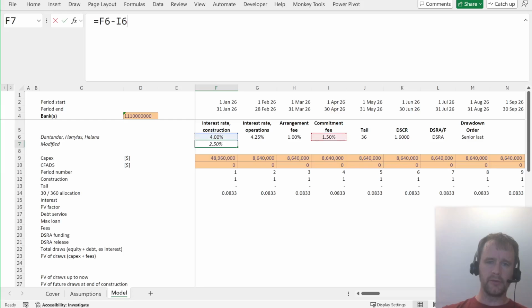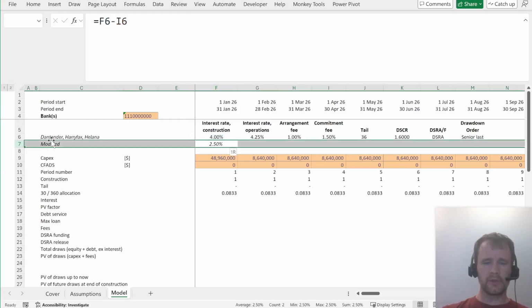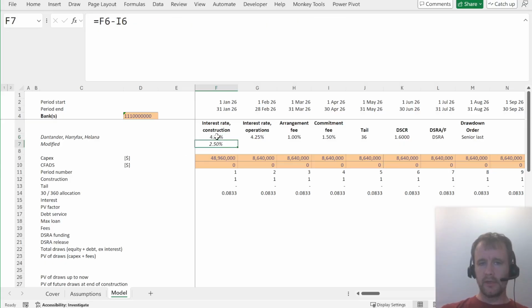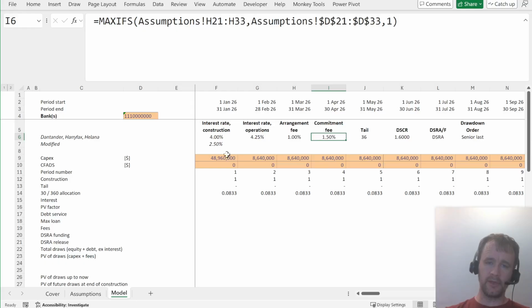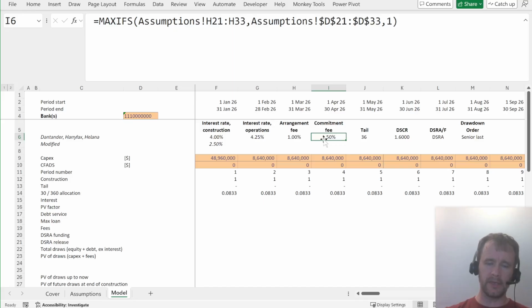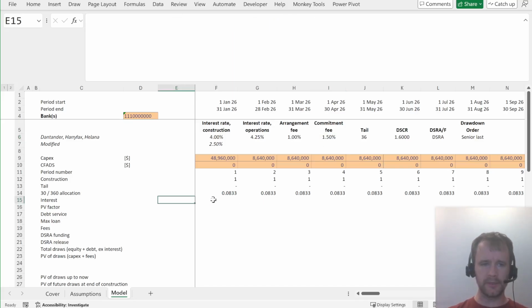But I'm going to use what I've labeled the modified interest rate. In other words, the construction interest rate minus the commitment fee as my interest rate, and I'm going to roll the rest of the interest rate, the 1.5% on what's drawn, into the commitment fee, and therefore this commitment fee can be calculated on the full balance. That's just going to make my calculations a little easier.